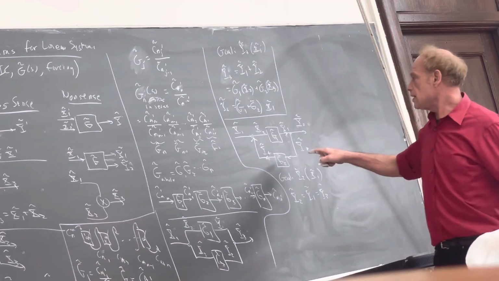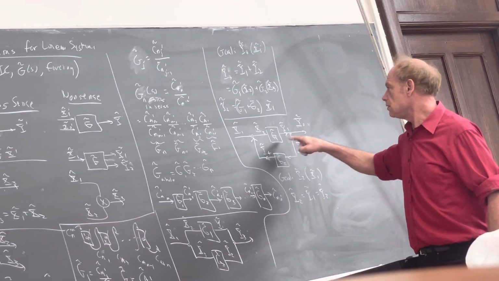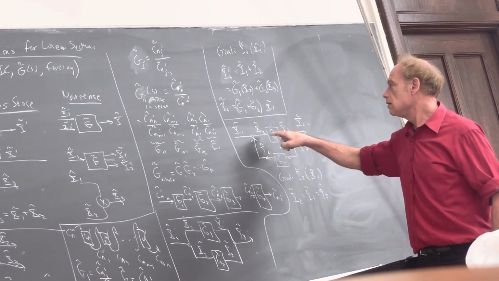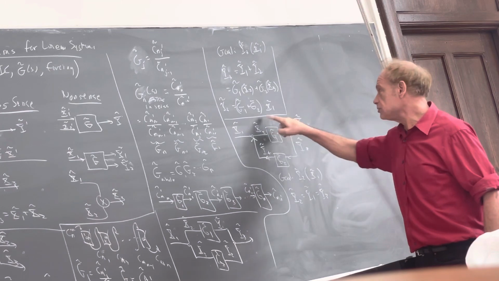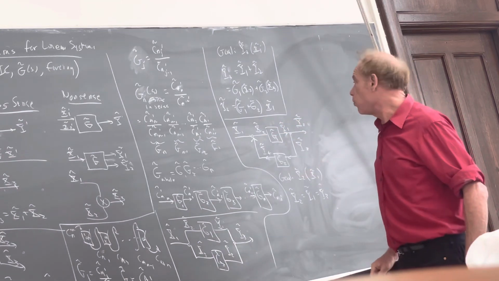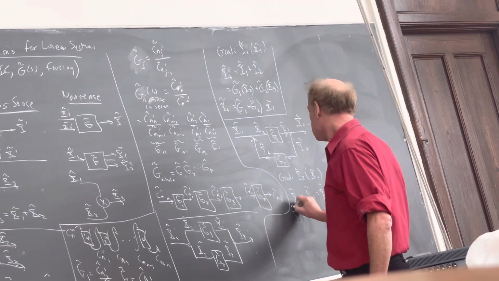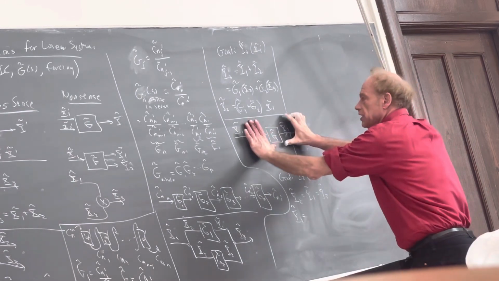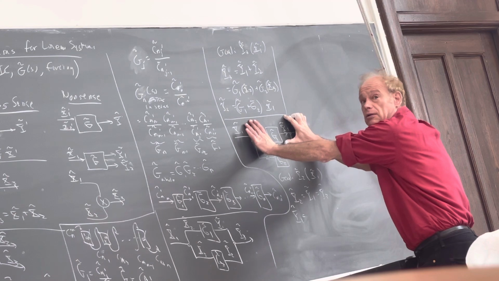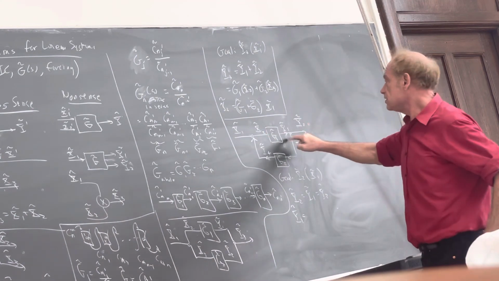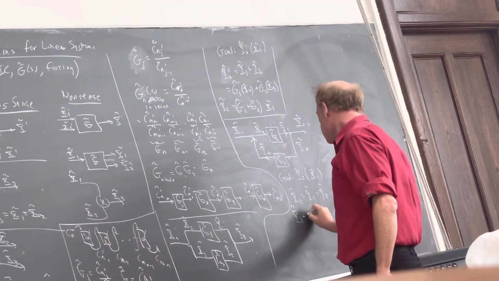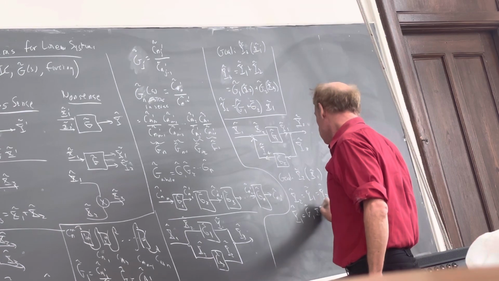All right, well, now let's notice that y1 came from this part of the picture. So let's figure out what y1 is. What does that look like? The first one. So that tells me y1 is just g1 x2.